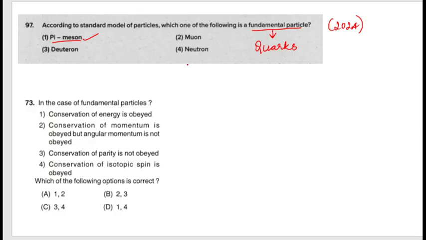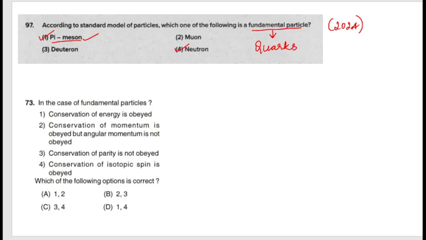So we can take both options, option 4 is also correct, and option 1 is also correct. Both options are correct here. I don't know which they have given. So here neutron is also a correct option, and pi meson is also a correct option. I'll go with the neutron. Yes. Next question.